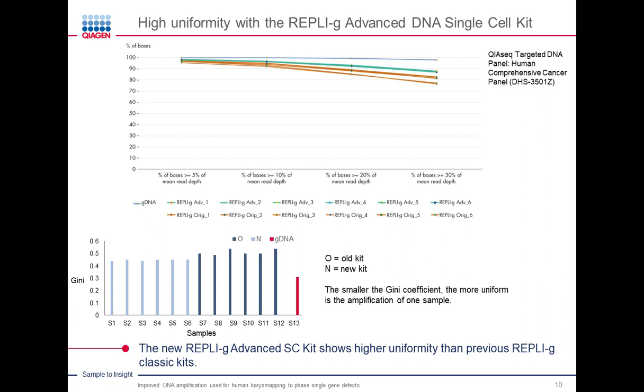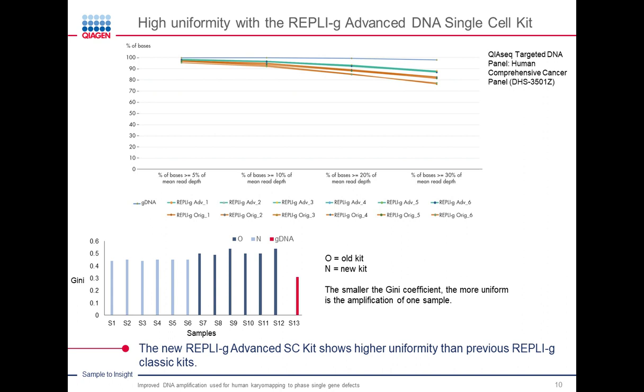and then processed according to the protocol of each of those kits. The genomic DNA was used as a standard, and our downstream analysis of the amplified genomic DNA is a targeted QIAseq targeted DNA panel. This panel has about 240 different genes and covers about 850 kilobases.